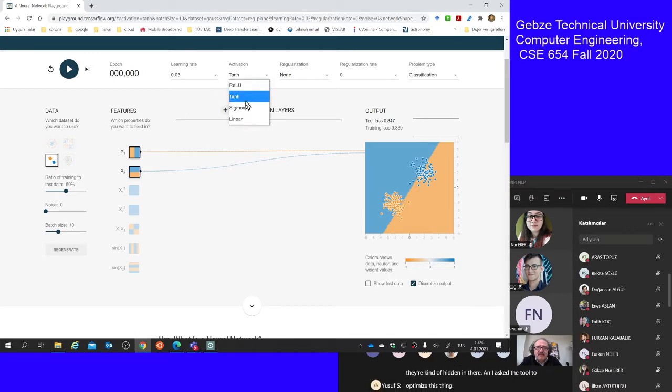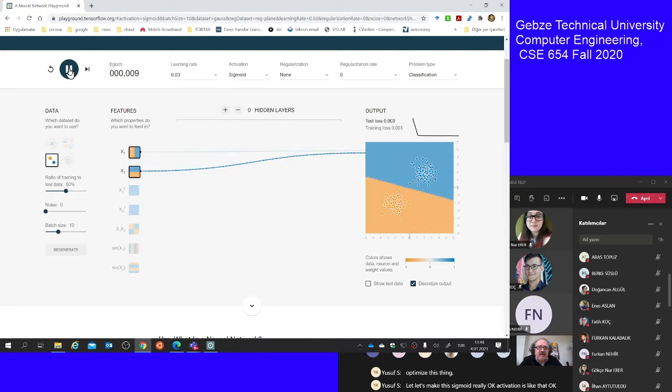Let's make this sigmoid. Now run it, and after optimization starts, it finds those values and my loss is 0. It is very good, because it perfectly divides this plane into 2, and everything up and everything down is correct.